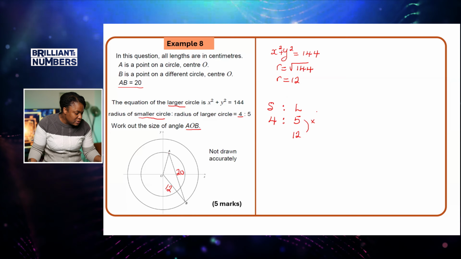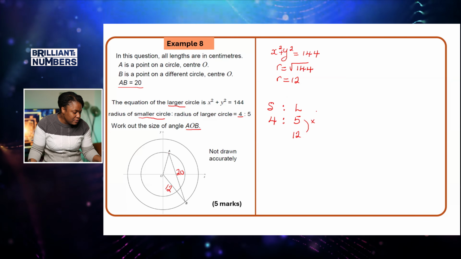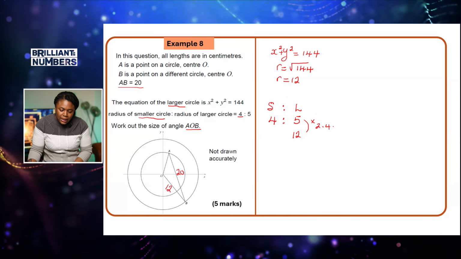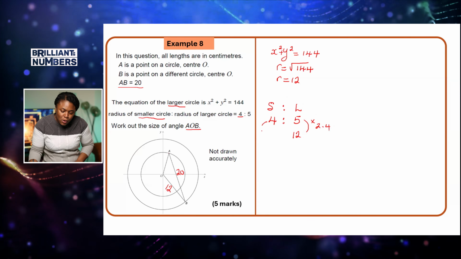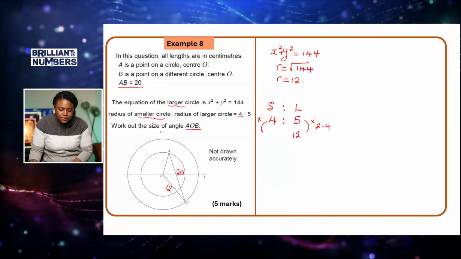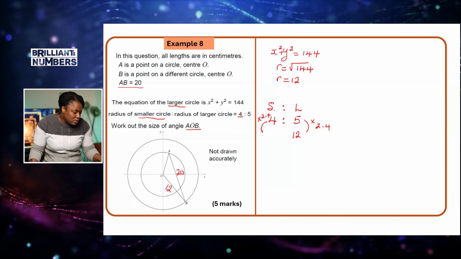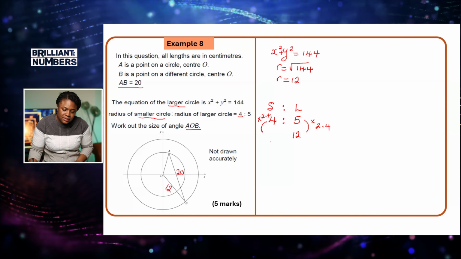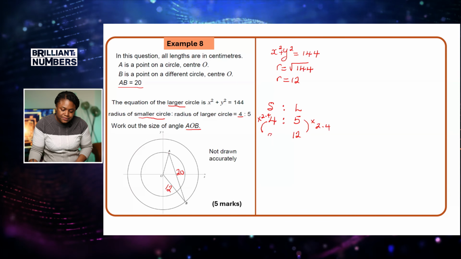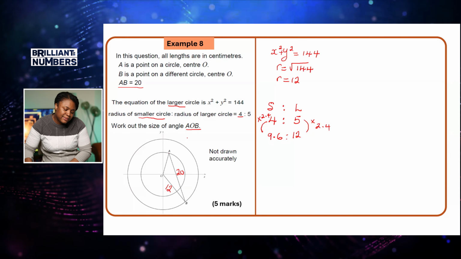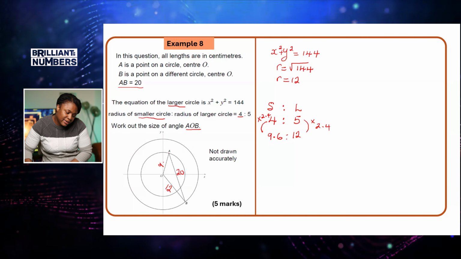So 12 divided by 5 is equal to 2.4. Okay, so what I need to do now is to multiply the smaller ratio by 2.4 as well. So times 2.4, 4 times 2.4 is 9.6. So therefore, the radius of the smaller circle is 9.6. I put that in here.